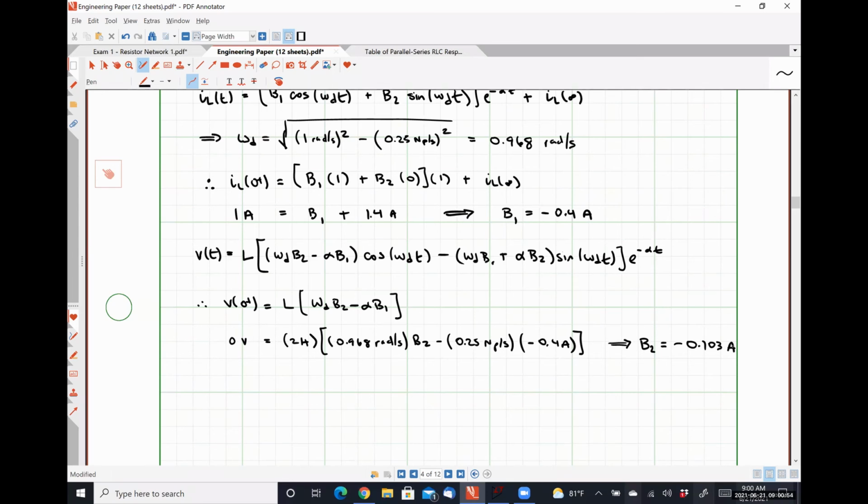All right. So from here, it's just substituting things back in. Now that we know what B1 and B2 are, we can actually solve for everything, right?